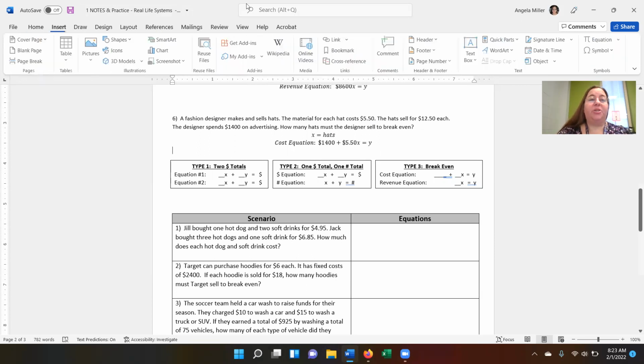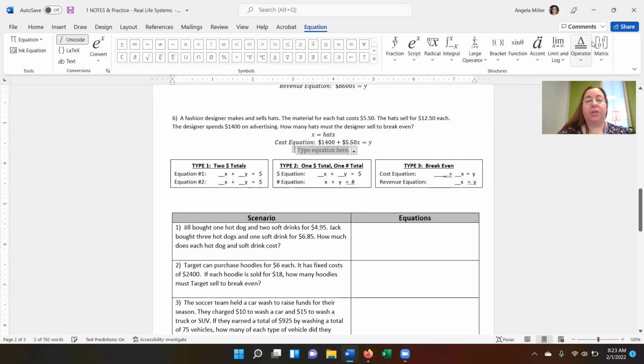And finally, we need to do our revenue equation. So for our revenue equation, we're looking at just the money that we're bringing in, right? So that is how much are we selling those hats for? If I sell 2, 3, 5, 20, 100 hats, the price is going to continue to increase. Not the price per hat, but the total revenue or the total money that we're bringing in is what is increasing, and that's what makes it variable.